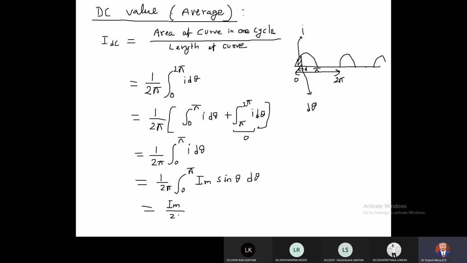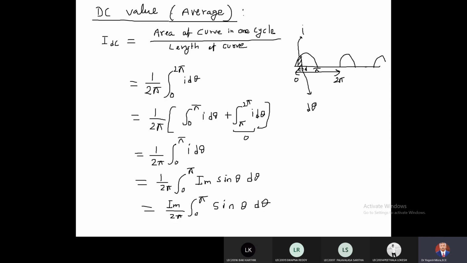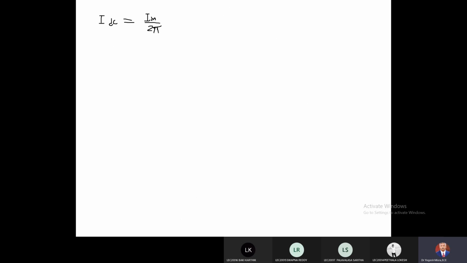Im I will take outside this integral, so I will get Im by 2π, integral 0 to π of sin θ dθ. So I_DC will be Im by 2π, and the integral of sin θ is minus cos θ.